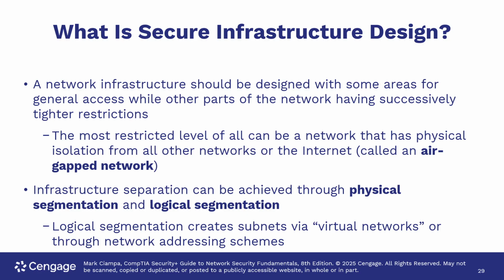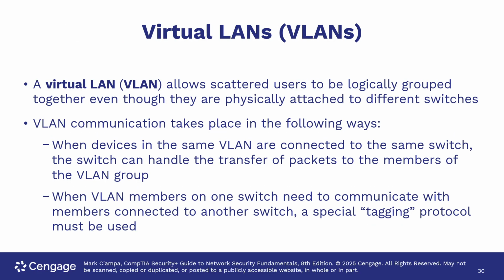The infrastructure separation can be achieved through physical segmentation and logical segmentation. Logical segmentation creates subnets via virtual networks or through network addressing schemes. You also have virtual LANs, VLAN. Remember, LAN stands for local area network. That allows scattered users to be logically grouped together even though they're physically attached to different switches.